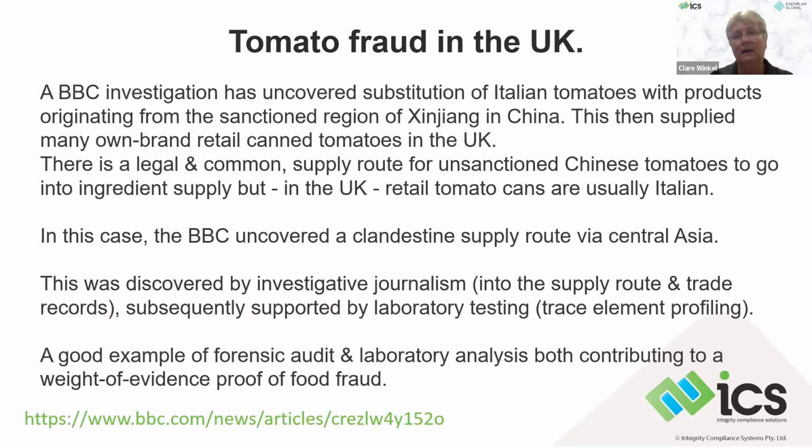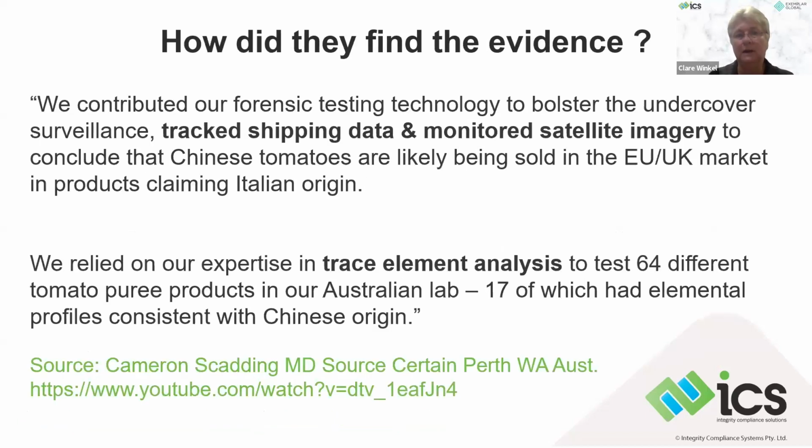So we see that that's one of the tests there. That's where a lab, a very specialist lab, will be looking at the mineral elements from the soil where the plant's growing. In this case, it was an Australian laboratory that did that. They tested 64 different tomato puree products, and 17 of those had elements that were consistent with Chinese origin, not Italian origin.